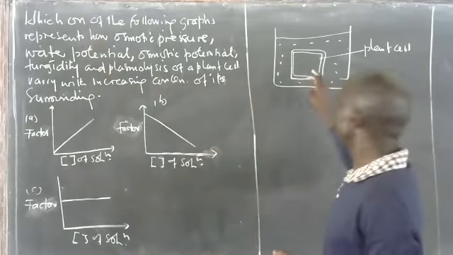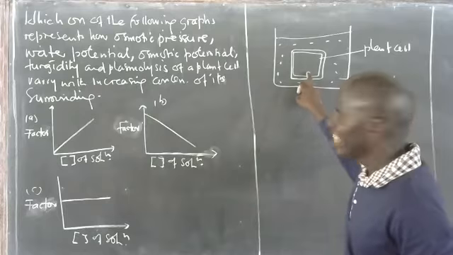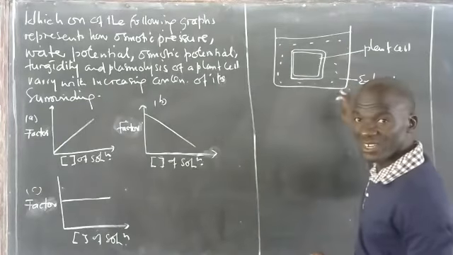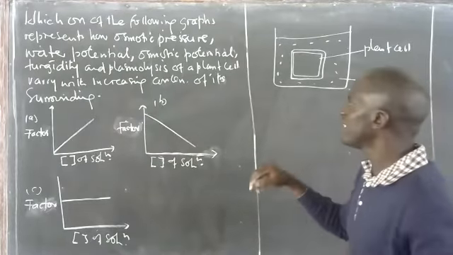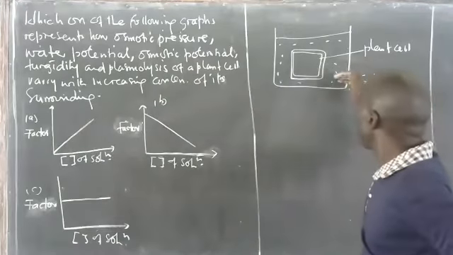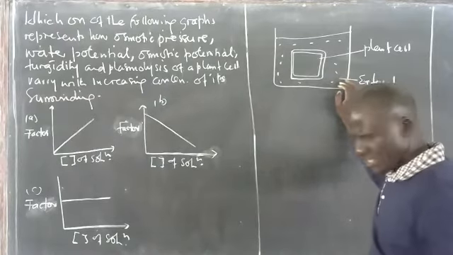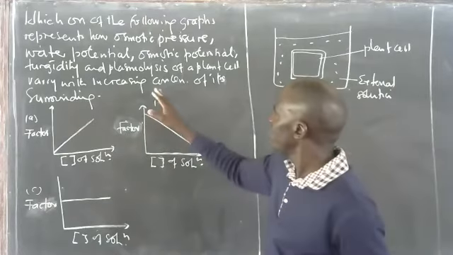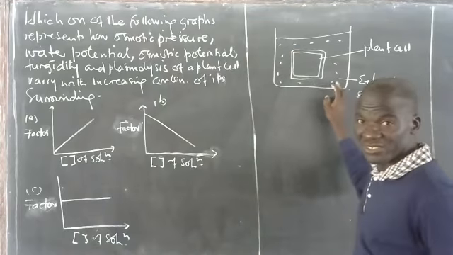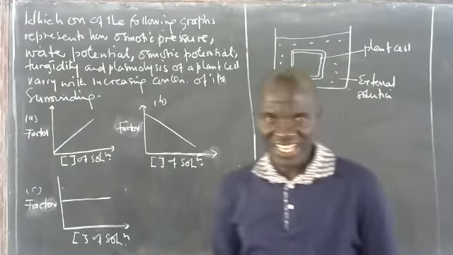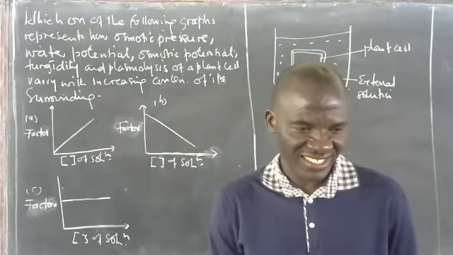How will the water potential of this cell vary if I keep on increasing the concentration of its surrounding? Then how will its osmotic pressure vary? Or how will the turgidity of the cell vary if I keep on increasing the concentration of the surrounding? That's what I mean. Are you ready to give answers? Should I ask, or you are still analyzing?